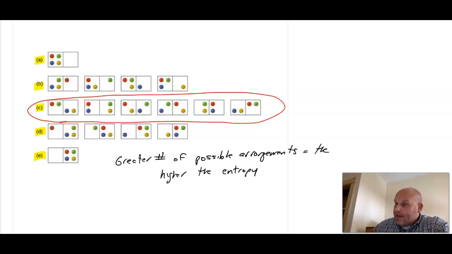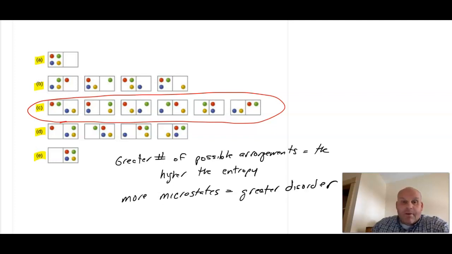Another way of saying it is more microstates equals greater disorder. And finally, we can say here that high entropy is favored because they're more probable.